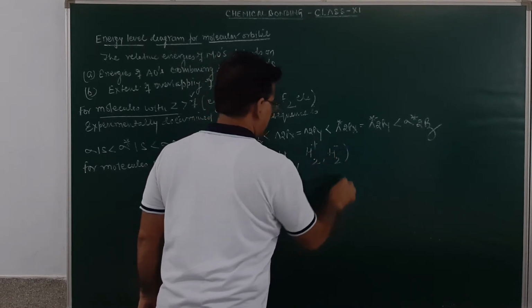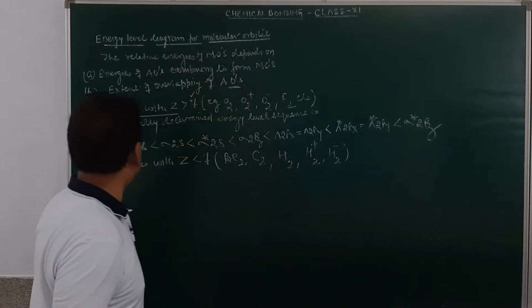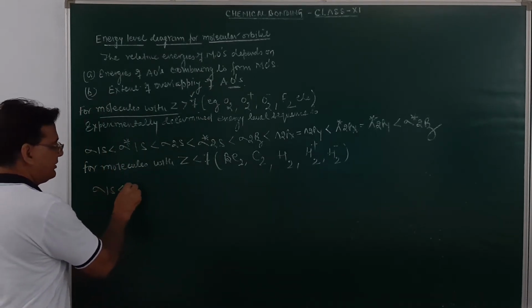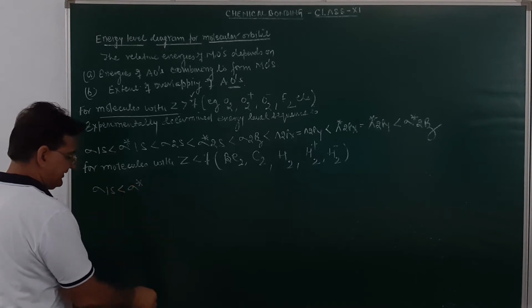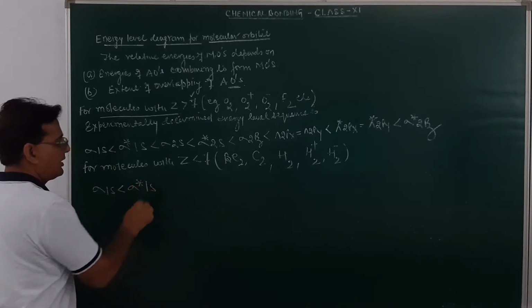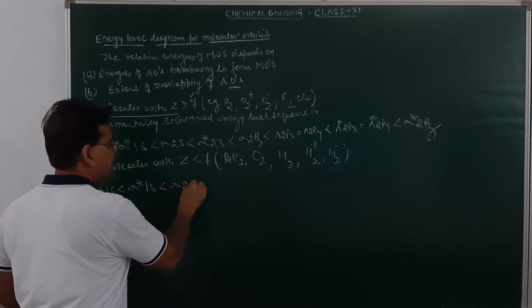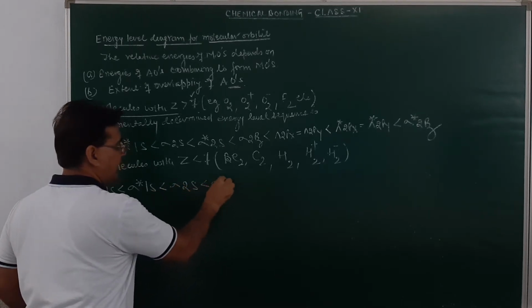In this case, the energy level sequence will be sigma 1s less than sigma anti-bonding 1s, which again is less than sigma 2s, which is less than sigma anti-bonding 2s.